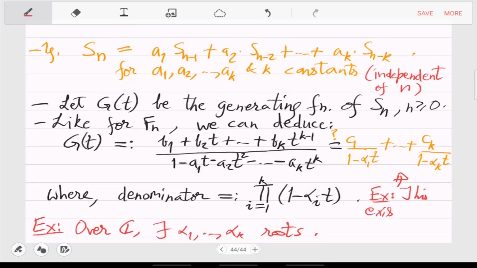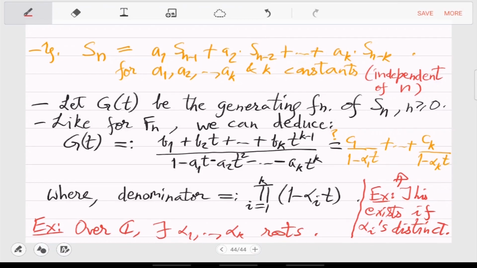So this exists if alpha i's are distinct. Okay, so this is actually the easy case. The proof is the same as we did for Fibonacci sequence.